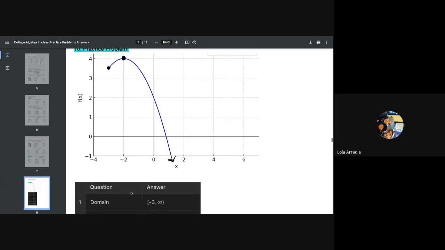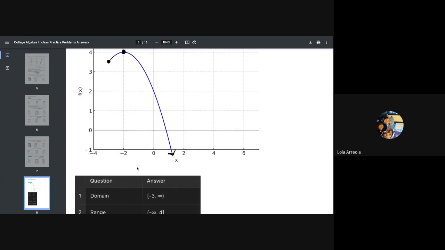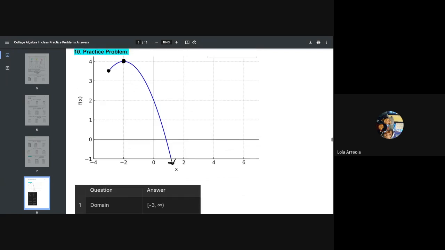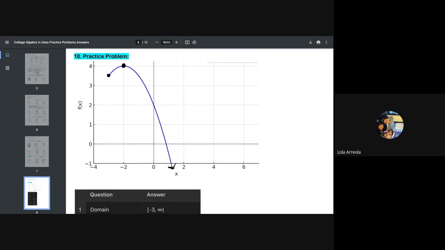So that is how I write my domain. I have a point at -3, so that is a closed bracket. And it goes towards infinity. Makes sense? Here, let me take a screenshot of this image.